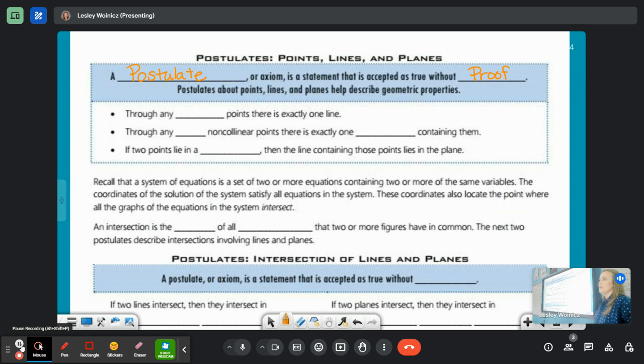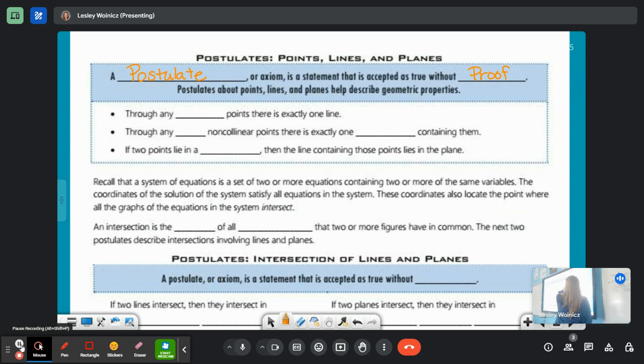We'll have a lot of theorems in geometry that we'll have to prove in order to be able to use them. But postulates are accepted as true without proof. They are just so basic and fundamental that they can't be proved. They're just seen as self-evident. It's like, it couldn't be anything else, it has to be this.